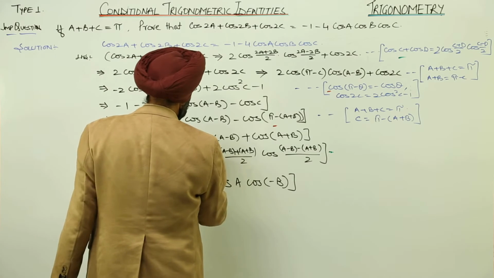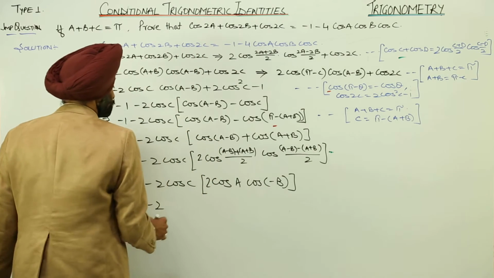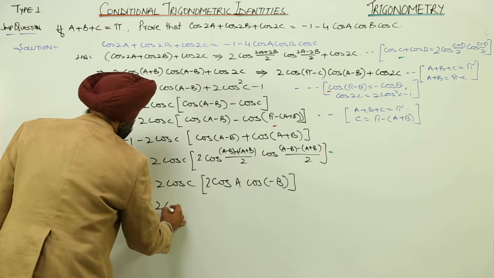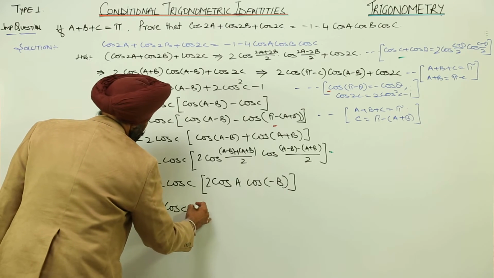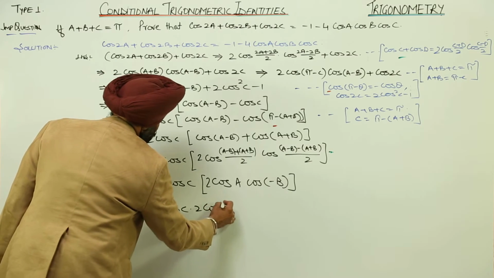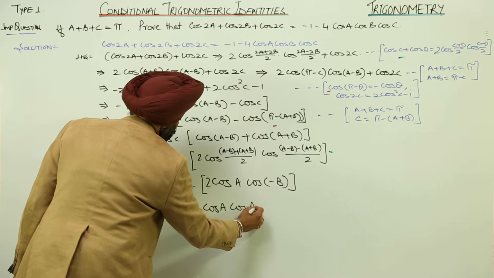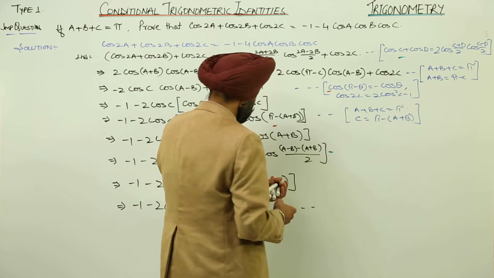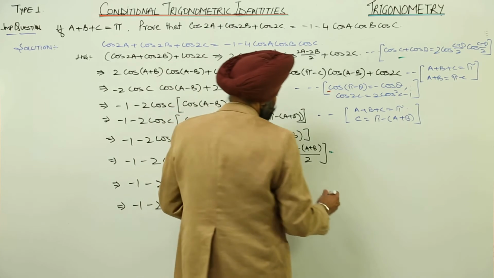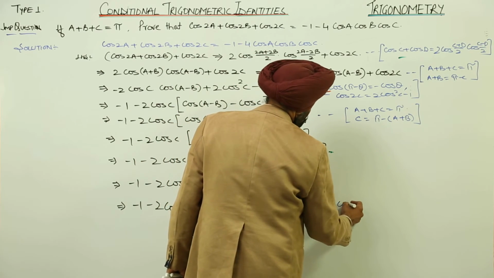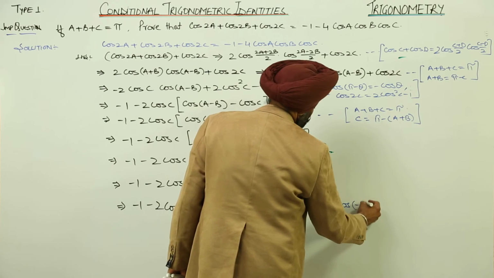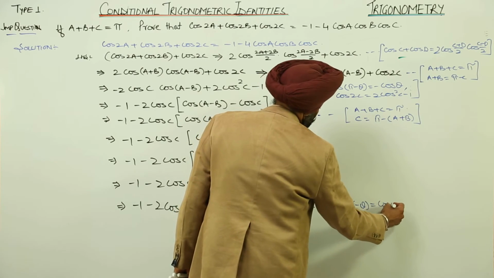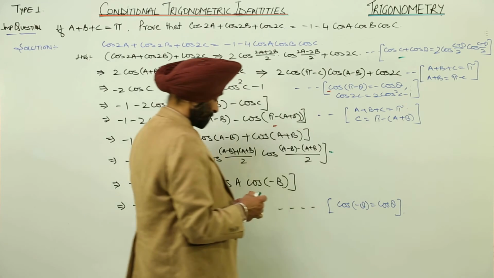Sorry, here it will be 2. Okay. So yes, sorry. So this becomes now 2 cos C, 2 cos A cos B. Okay.